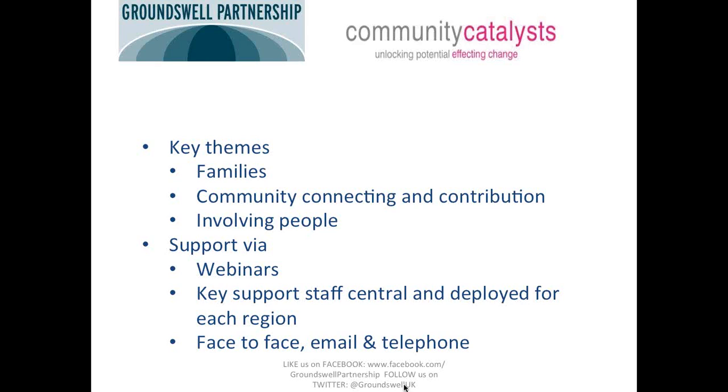Just a brief reminder of the core themes that we identified as things that we wanted to focus in on collectively, to maximise our learning as we move forward. So we wanted to think about how we could make this work for families.